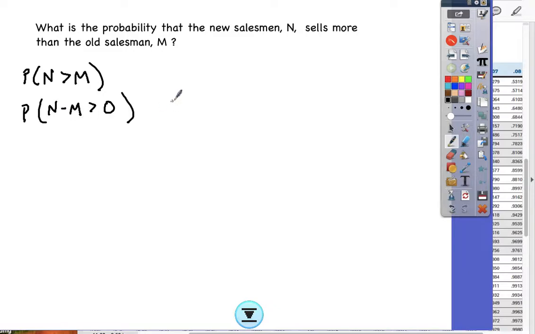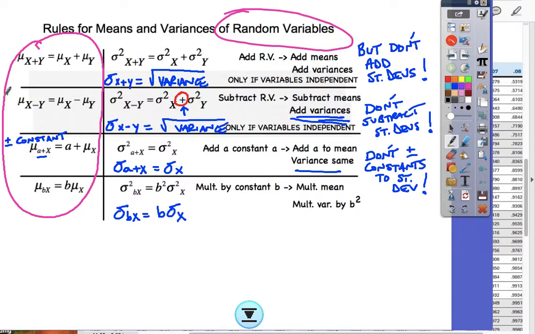Now I can see that I'm subtracting random variables. And when you realize you're subtracting random variables, you're going to be using the second row here. So remember, we subtract the means, but we still add the variances.